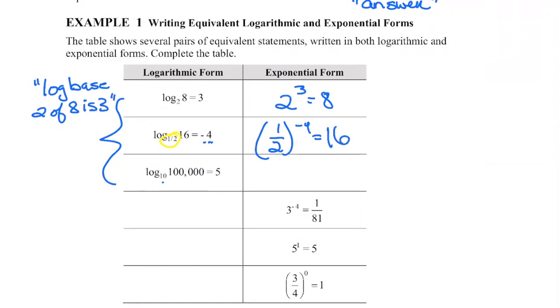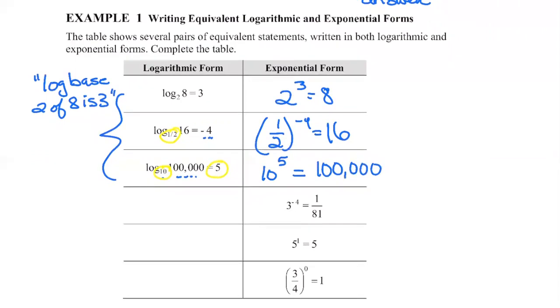In this last one with 100,000, I say 10. Now remember thinking, this is my base, this is my exponent. So those two go together. 10 to the 5th power is this number right there, the answer, 100,000.